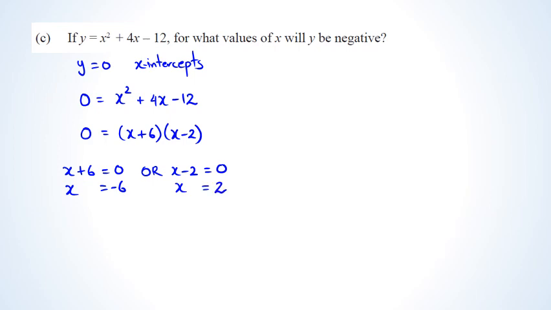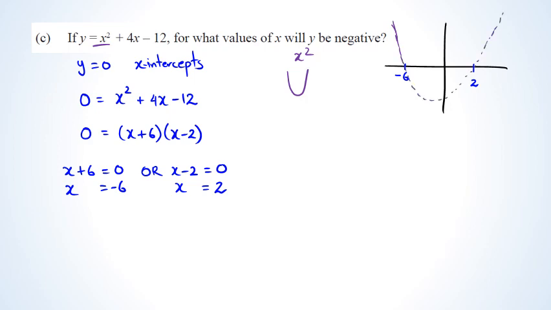So what this means is, if I can show you guys, I will create a rough Cartesian plane here. My two x-intercepts are, one's at negative 6 and the other one is at positive 2. Now, having a look at this particular graph, because it is a positive x squared, I know that it is a parabola and it's happy, and it's going to look like this. So in terms of the graph fitting into these x-intercepts, it's going to look something along the lines like this.